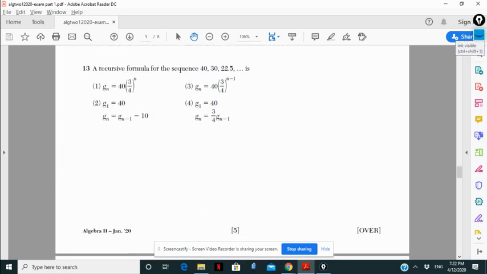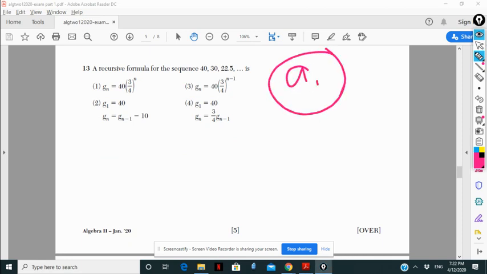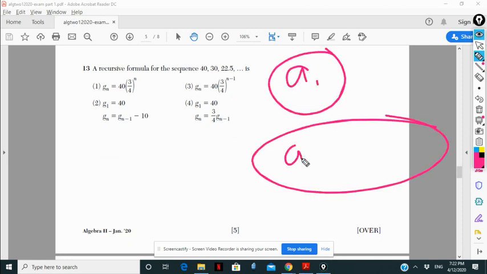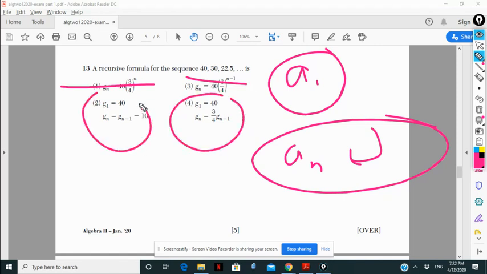Question number 13. A recursive formula. What are the conditions for a recursive formula? I should have the first term and a formula for the next term. So 1 and 2 cancel out because they don't have the first term. Here I have the first term, here I have the first term.